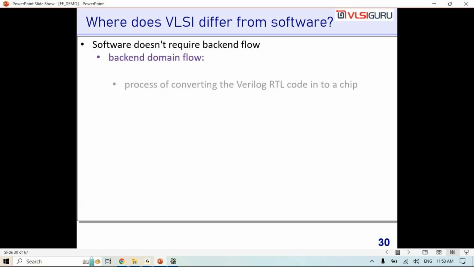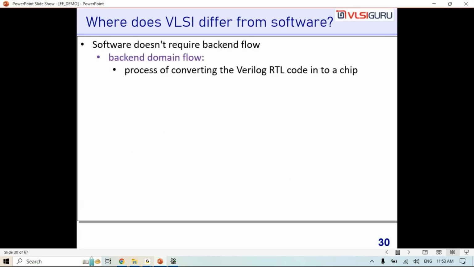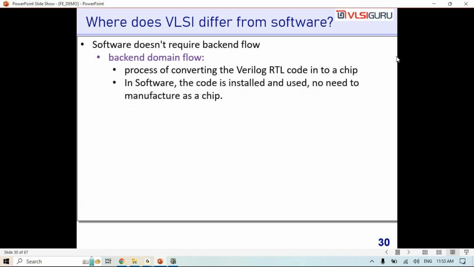What is the backend domain flow? The process of converting Verilog code into a chip. That entire process is called the backend domain. In software, code is installed and used. No need to manufacture it as a chip. You don't need to manufacture the software as a chip.